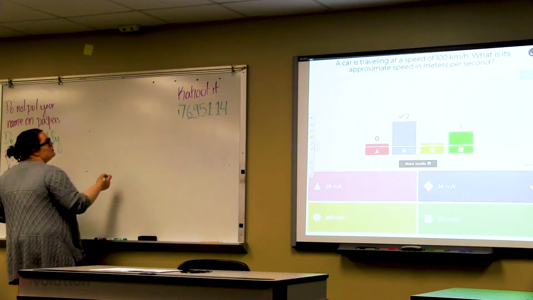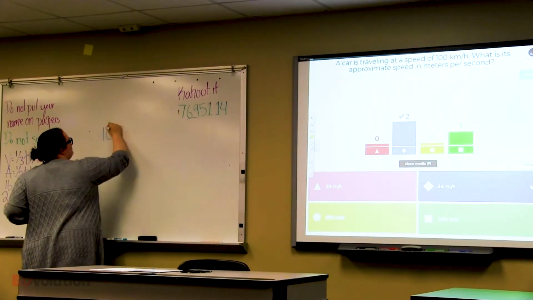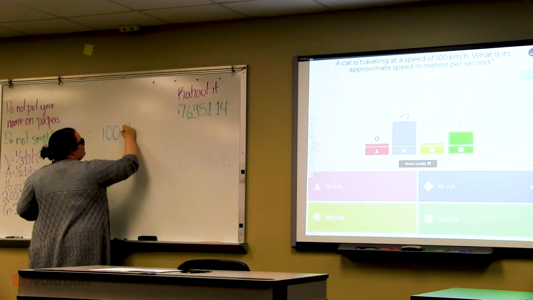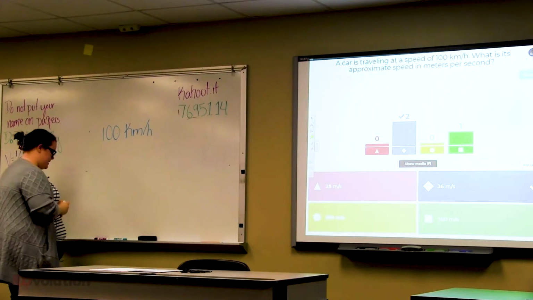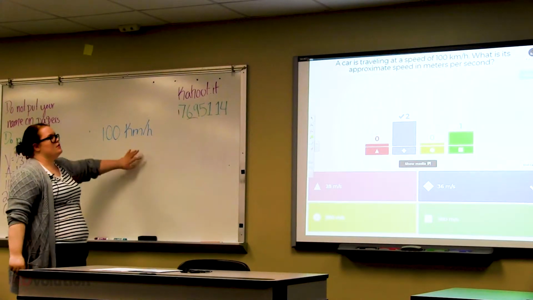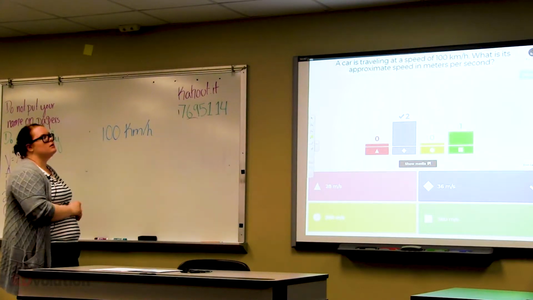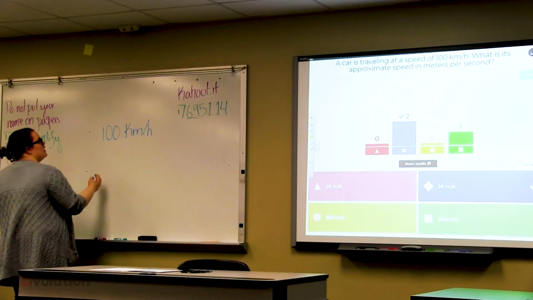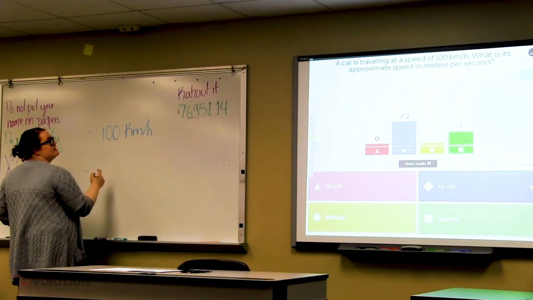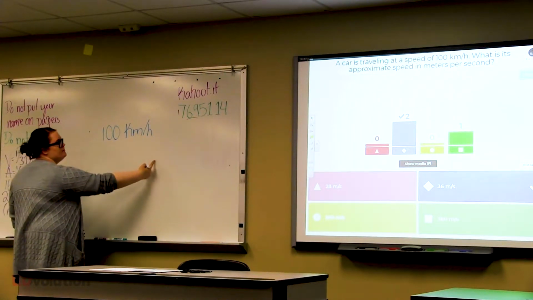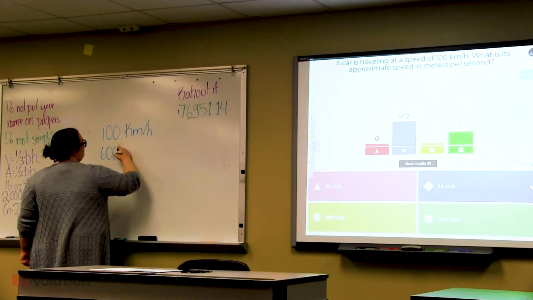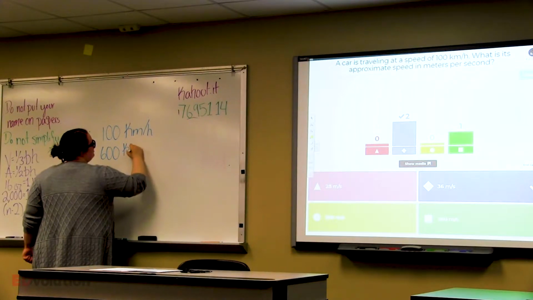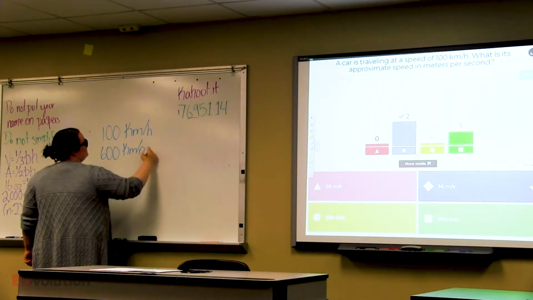Okay. So I like to pick one and stick with it for a minute. So we're going to talk about time. There's 60 minutes in an hour. So if we multiply this by 60, we'll get the kilometers per minute. So that would be this.